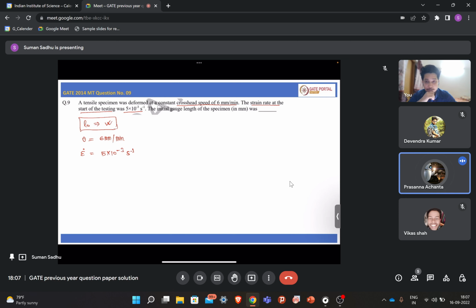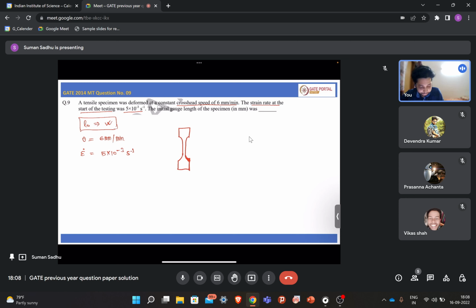Sir, what is crosshead speed? So crosshead speed is like, let's say this is your tensile specimen. My drawing is a bit bad.